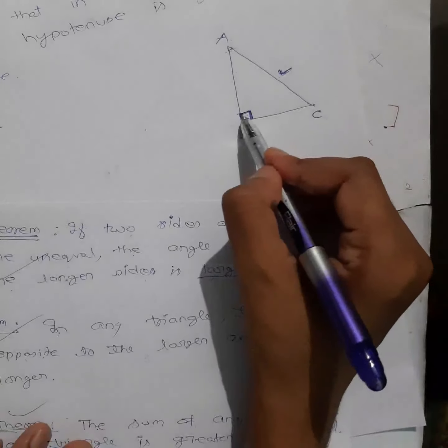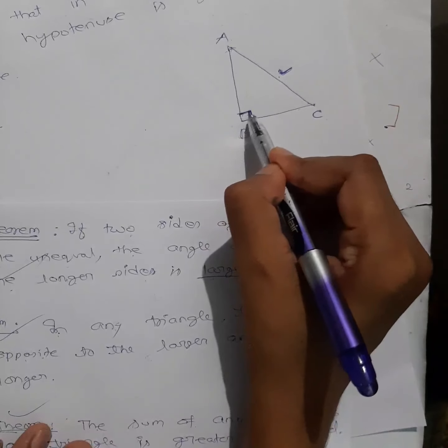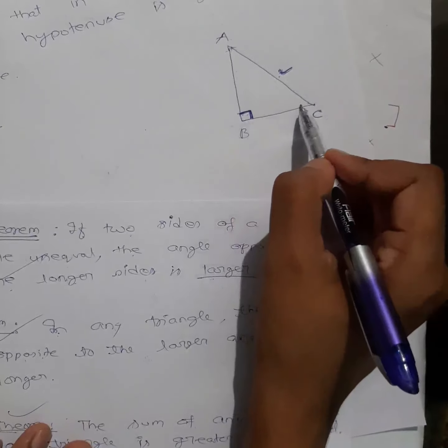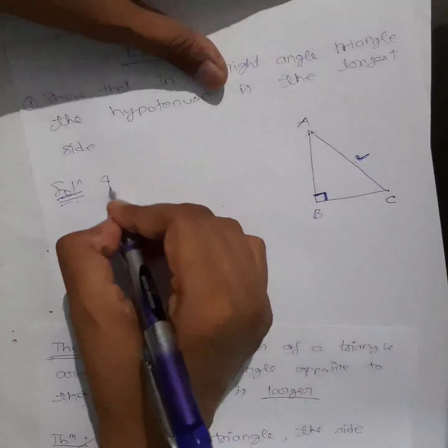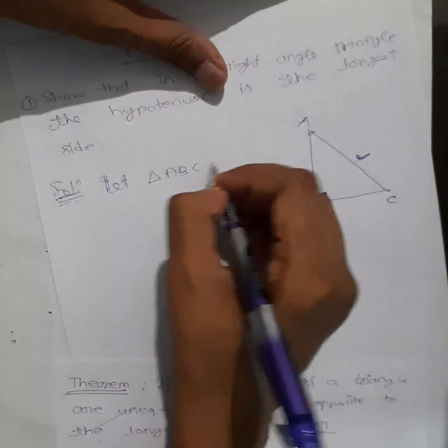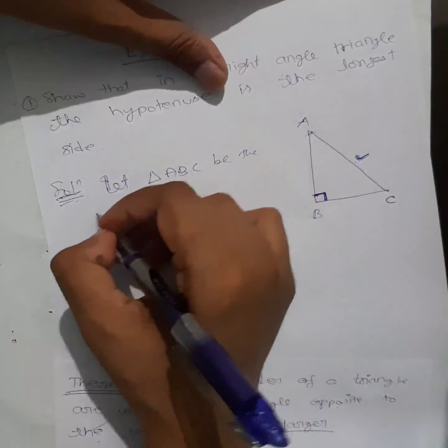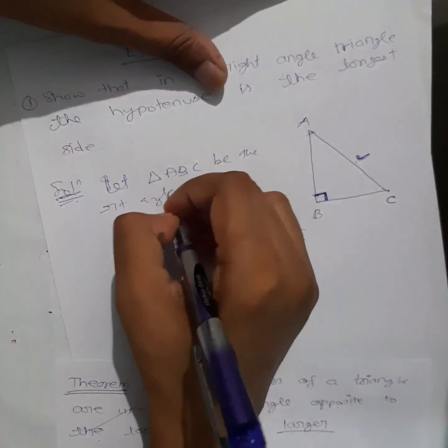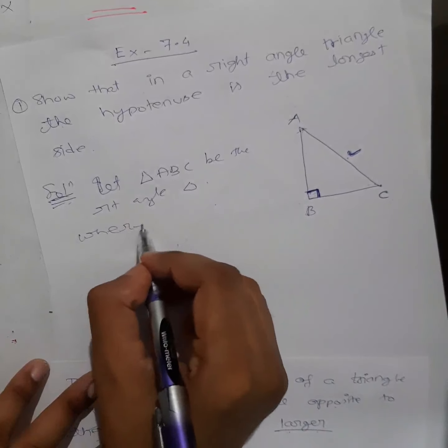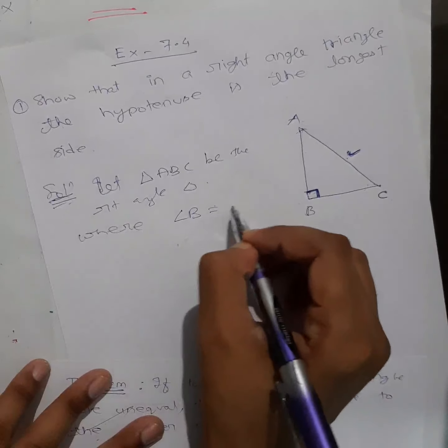So my aim will be to show that this angle is the largest angle here. So how? See here, let triangle ABC be the right angle triangle, where angle B is equal to 90 degrees.